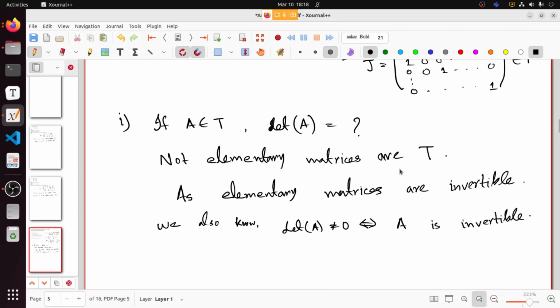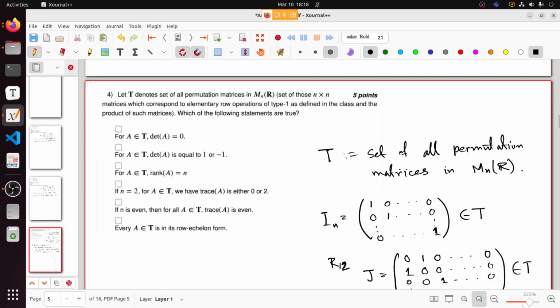So the determinant of A would not be 0, right? So the first option is false. The determinant cannot be 0 if A is in T. Now you have to check the next option.